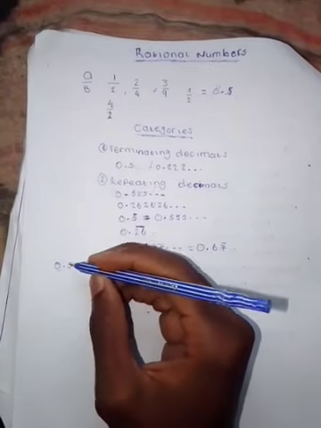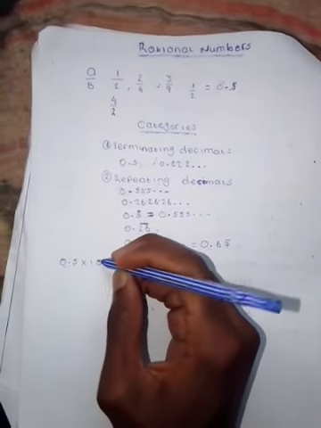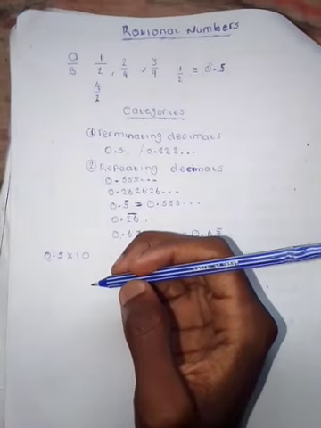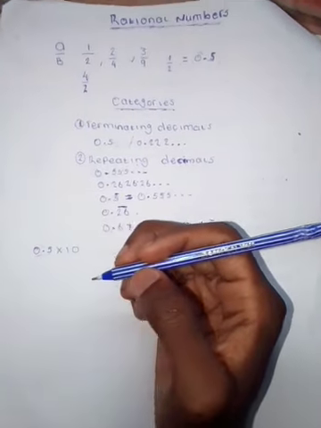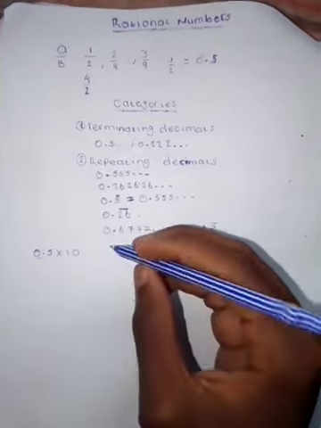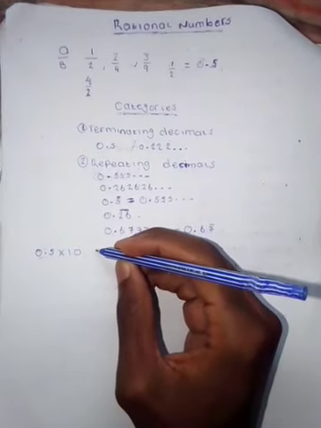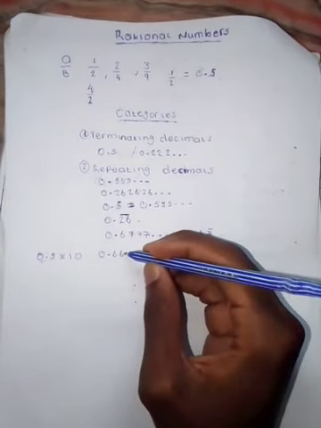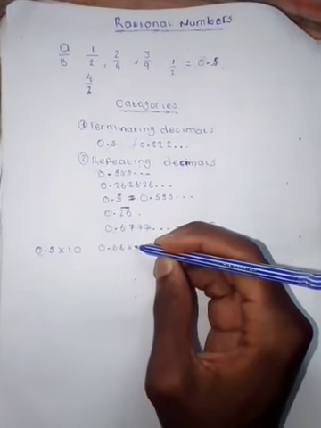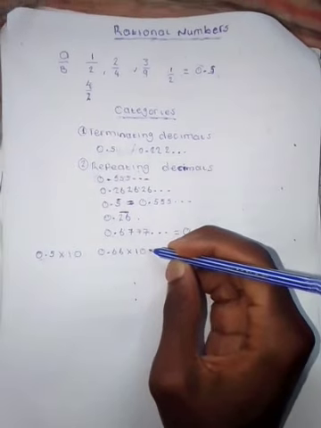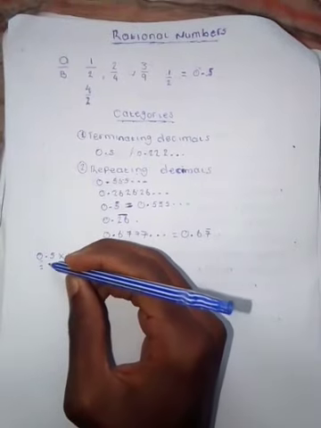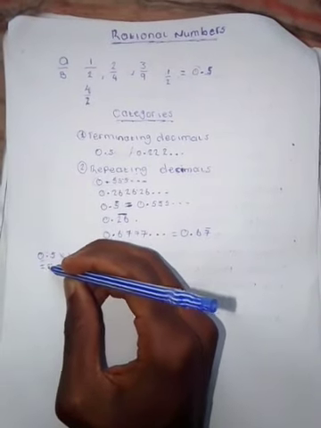We used to multiply it by 10. In case we have a number like 0.66, we would multiply it by 100. So if we multiply 0.5 by 10, then it will be 5.